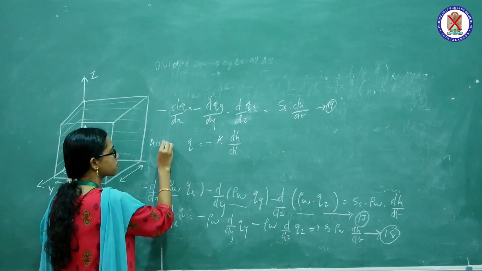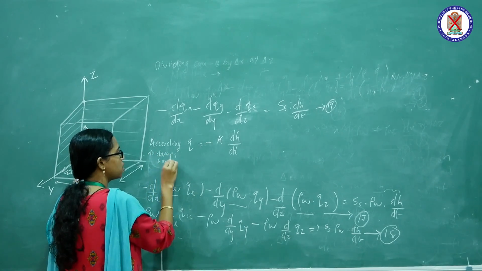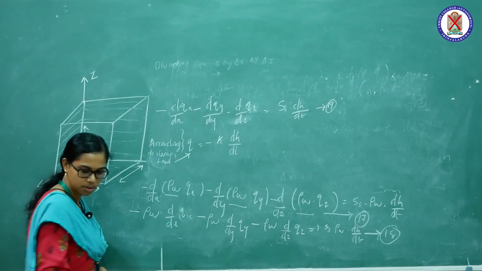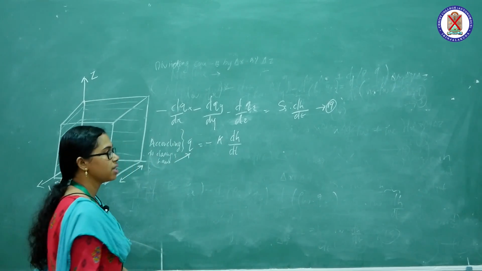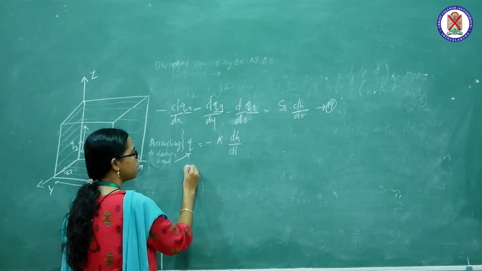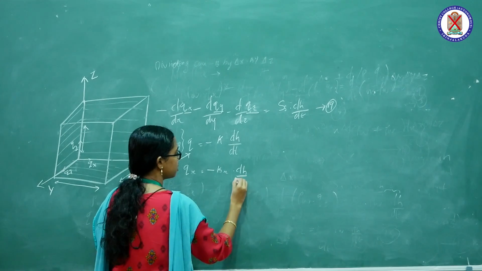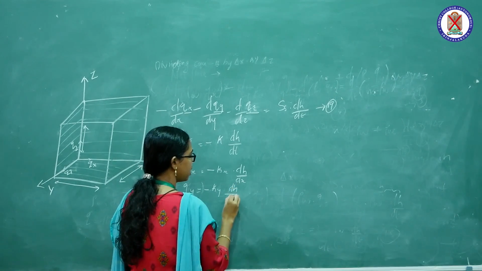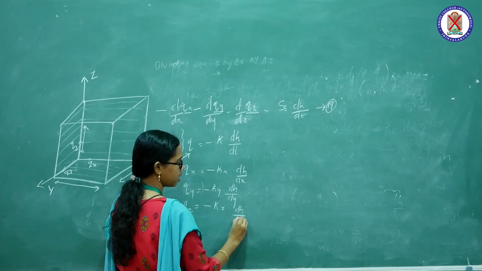So we can rewrite all the qx, qy and qz in terms of this equation, like qx equal to minus kx of dh by dx, and qy is equal to minus ky into dh by dy, and qz is equal to minus kz into dh by dz.